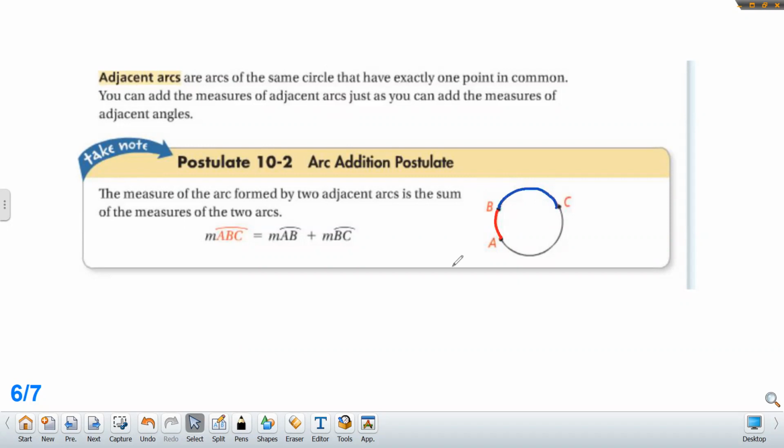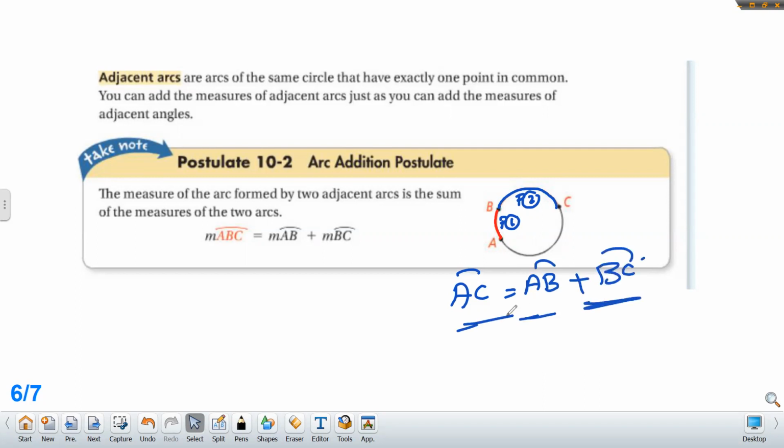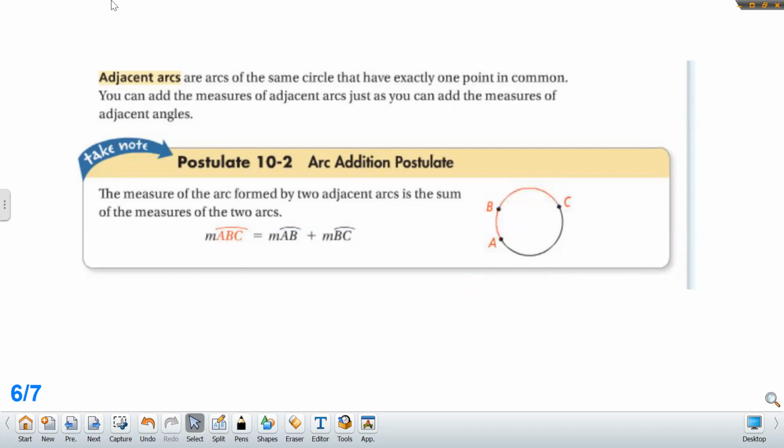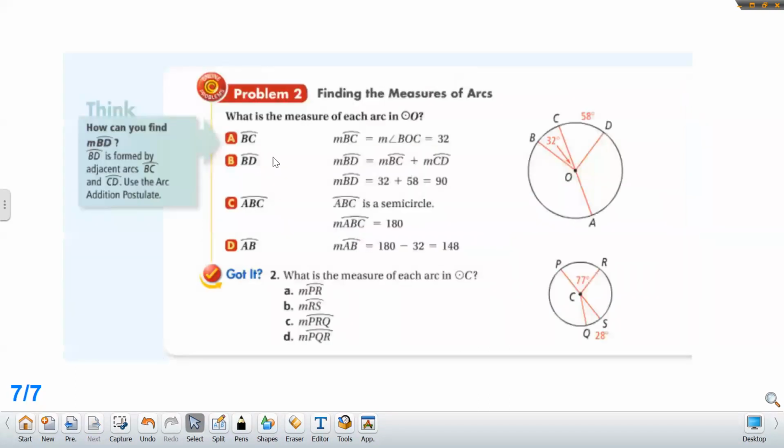So I can say that arc AC equals part 1, which is AB, plus part 2, which is BC. Yes, guys, hope you understand this. So adjacent means neighbor arcs. Okay, look at the next.